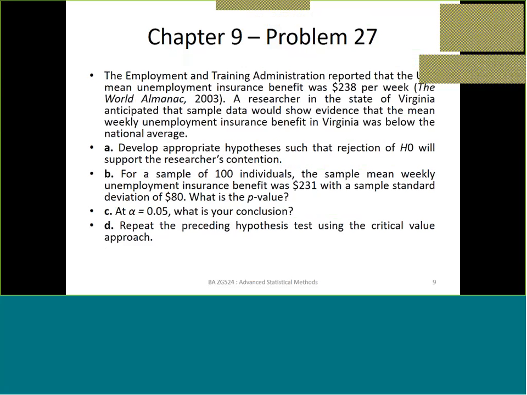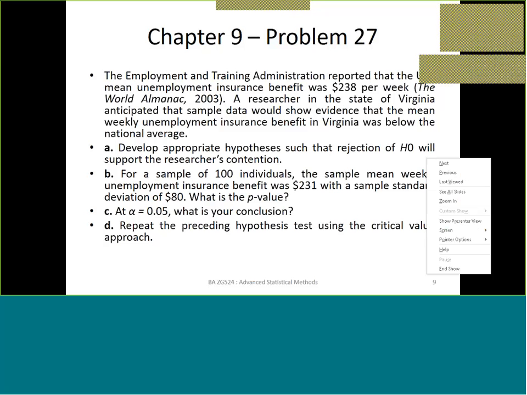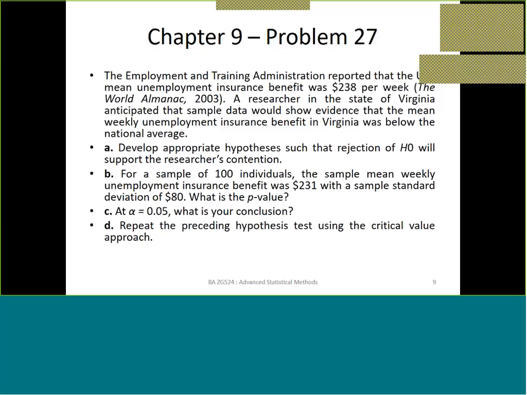For a sample of 100 individuals, the sample mean weekly unemployment insurance benefit was $231 with a sample standard deviation of $80. What is the p-value? At 0.05 level of significance, what is your conclusion? Repeat the preceding hypothesis test using the critical value. So the problem is the same as what we have taken. So I'll write only the statements. The rest of the things you can do.